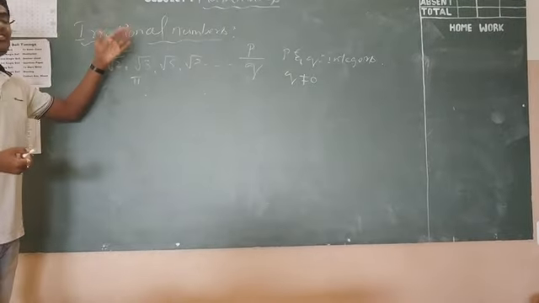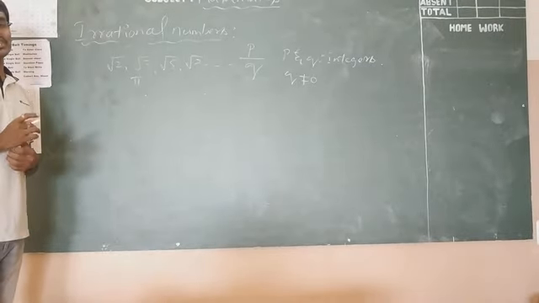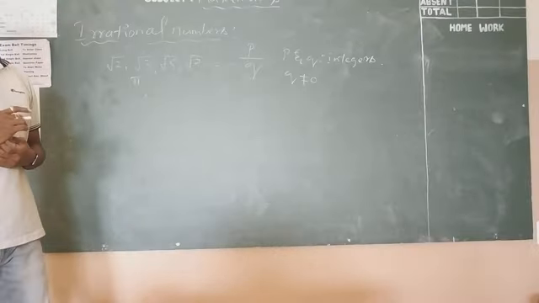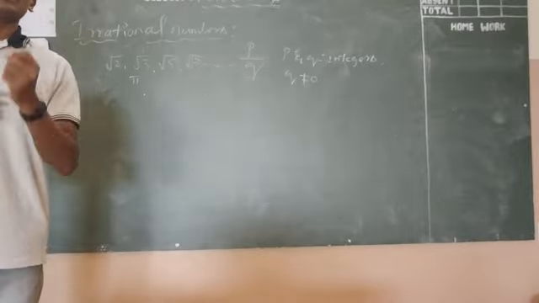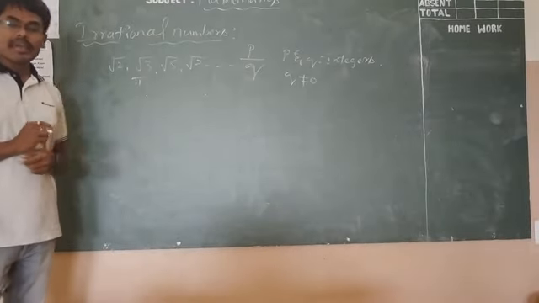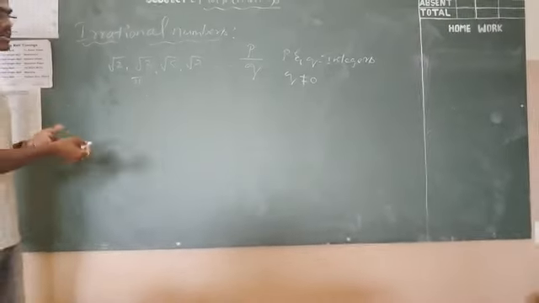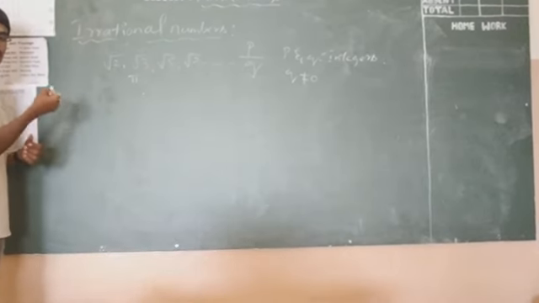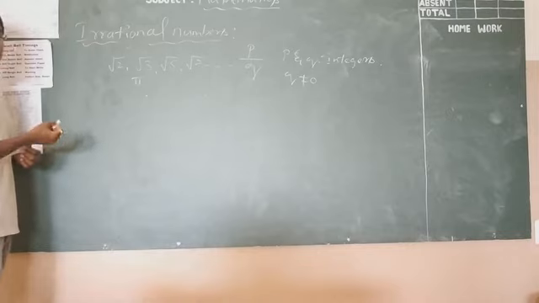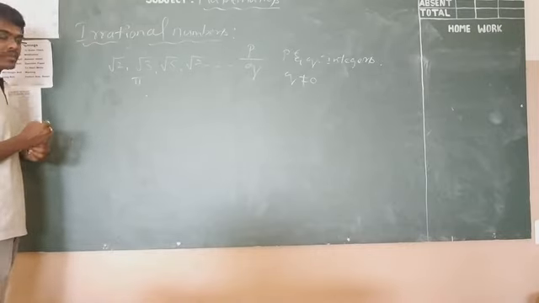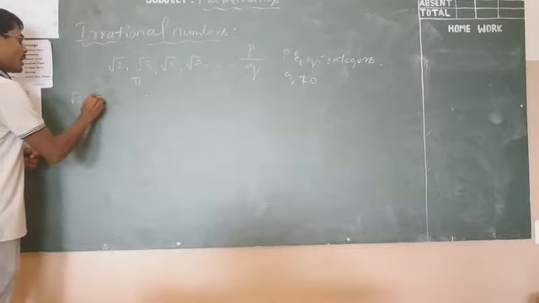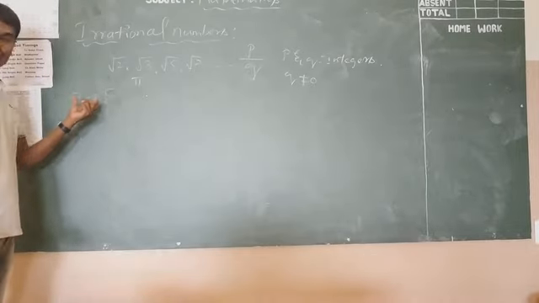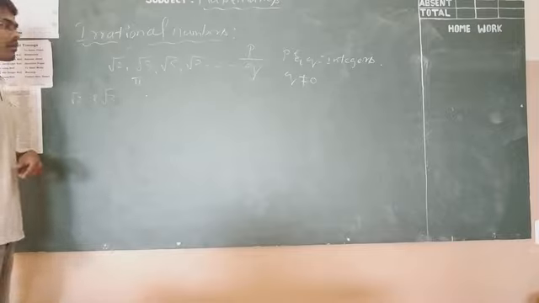Then after irrational numbers, how are we going to represent an irrational number on a number line? For example, I will take solutions for examples like root 2 and root 3. That is how I am going to represent both root 2 and root 3 on this number line.